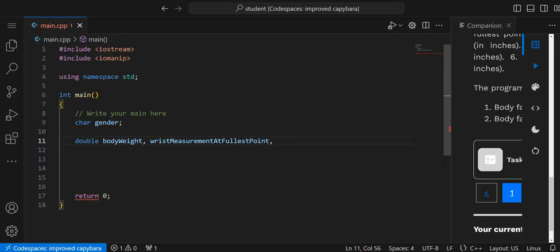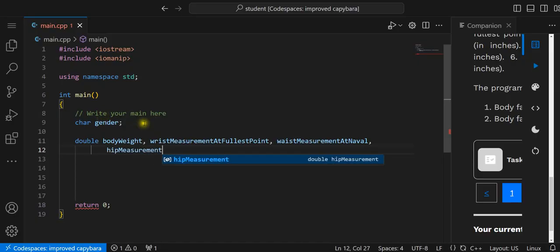Then we'll do waist measurement at navel, hip measurement at fullest point, and forearm measurement.